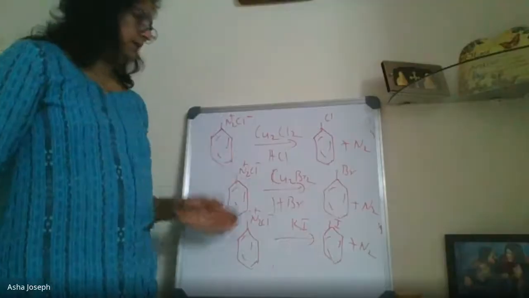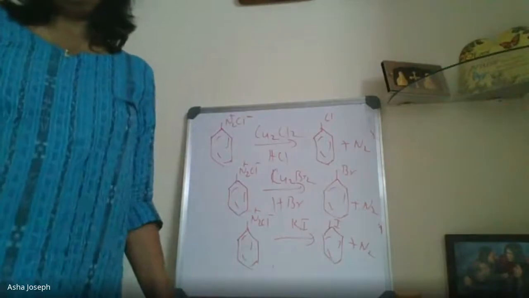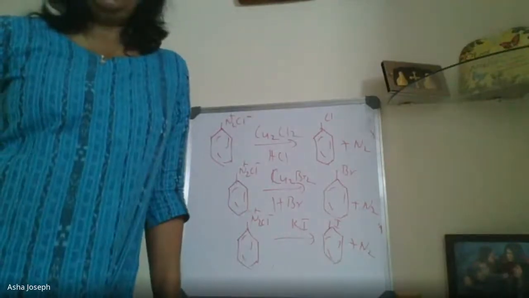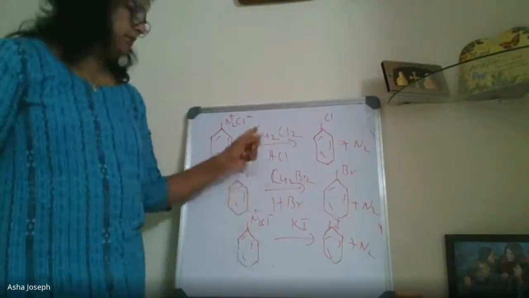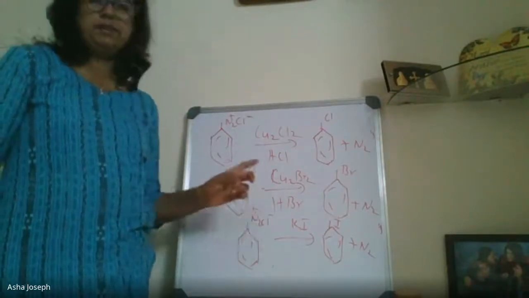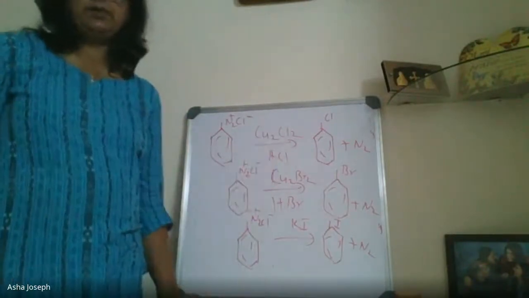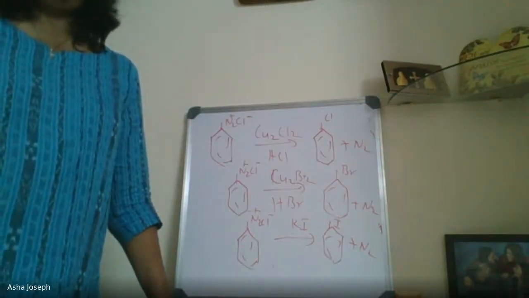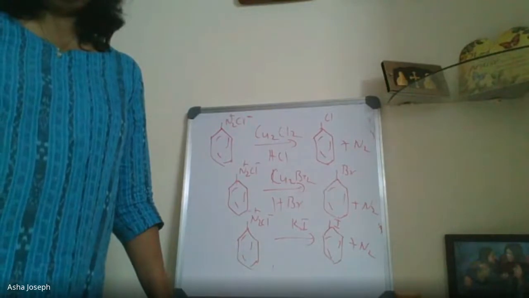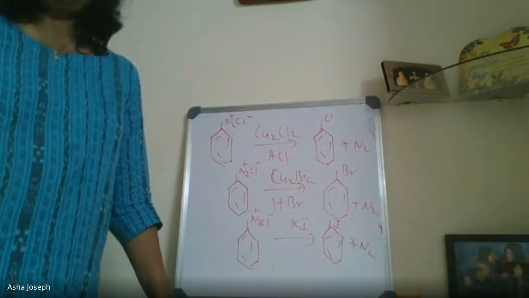So these are the three aryl halides. You can get chlorobenzene, you can get bromobenzene. Chlorobenzene and bromobenzene are similar. Iodobenzene, this will not work; you have to put potassium iodide. Understood? Any doubt you can ask?